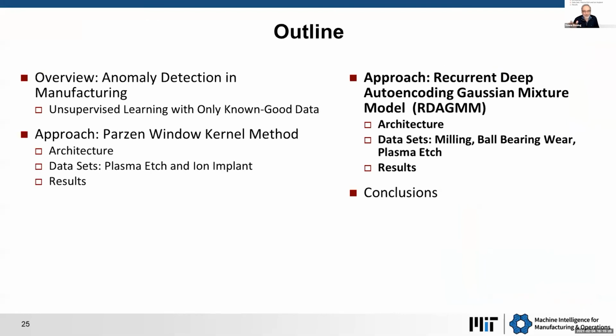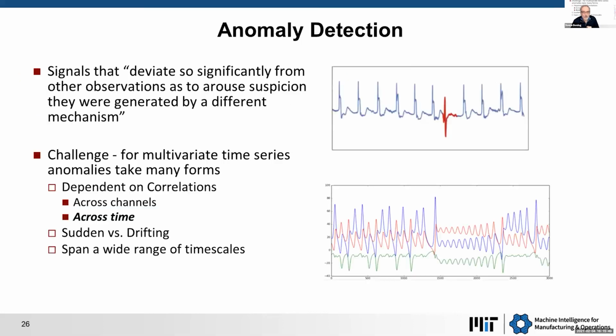So what that does at this point is bring us from the simpler approach to what I'd call a more deep learning kind of model. And again, I'll talk about the architecture, apply it again to some of the same plasma etch data, but also to some other kinds of manufacturing data.